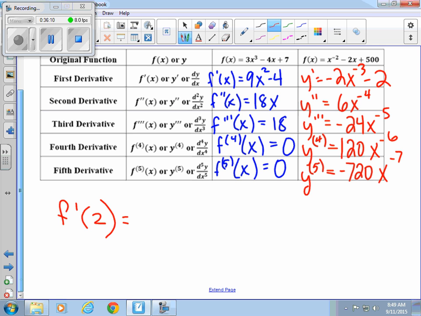So just like you would have done yesterday when you found the derivative the long way, find it. So if it says f prime of 2, just find the derivative and plug in 2.